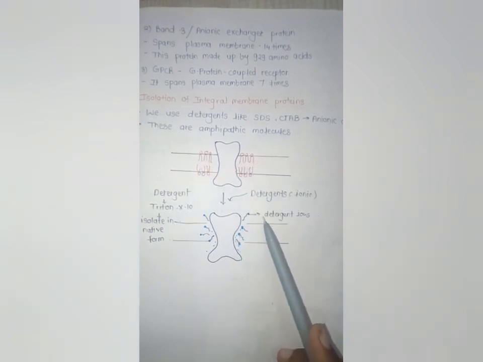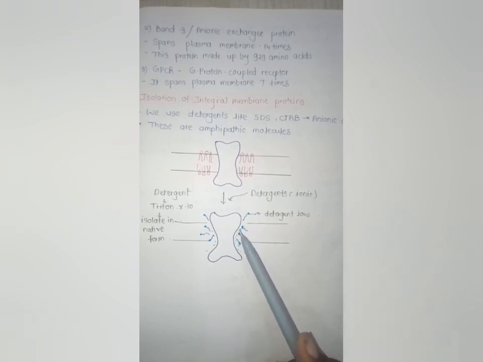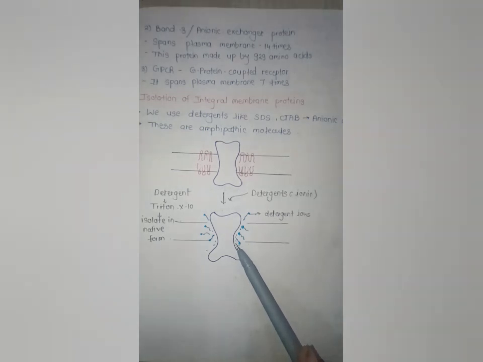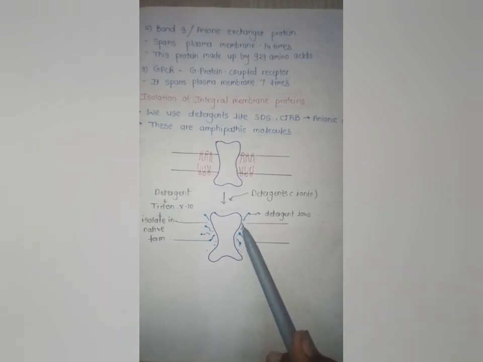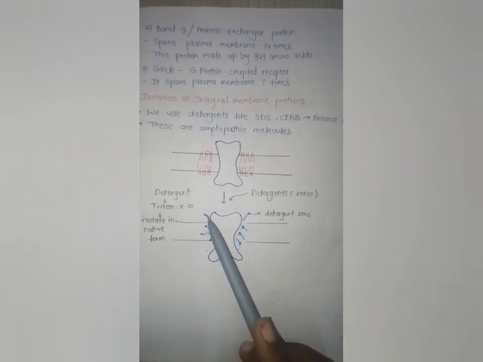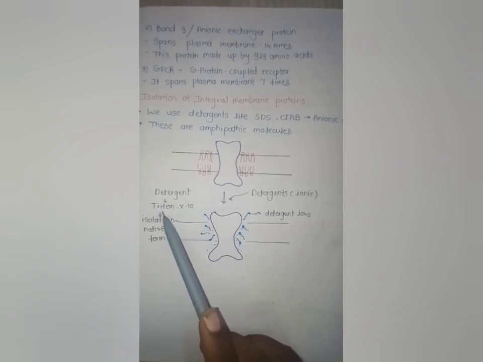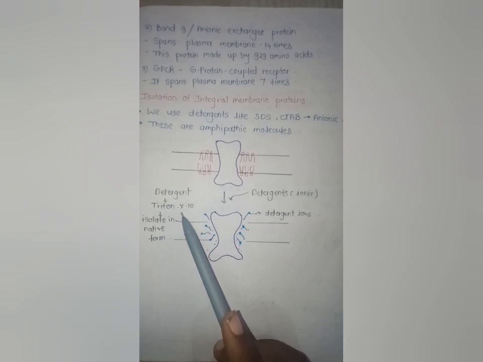We use detergent, then this detergent dissociates the bond between the lipid bilayer and the integral membrane protein, but the protein we get is denatured protein. For native protein we have to use a detergent like Triton X-100, which isolates it in native form. It is a non-ionic detergent.